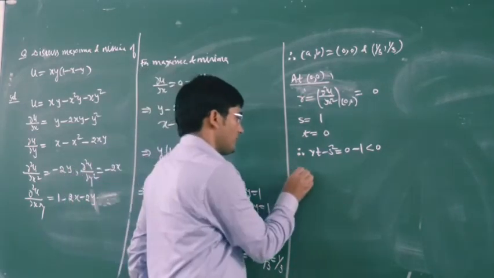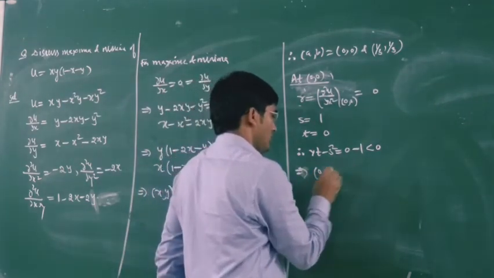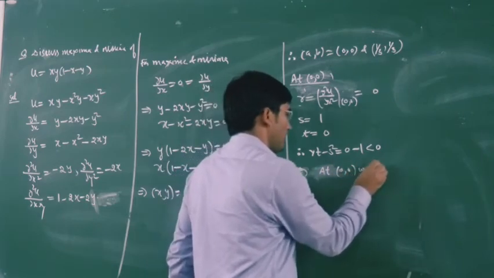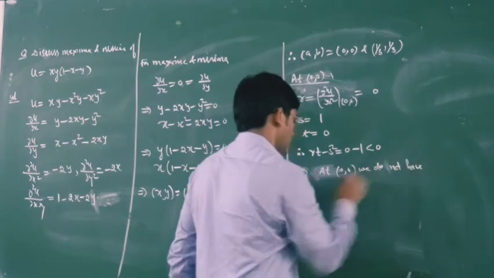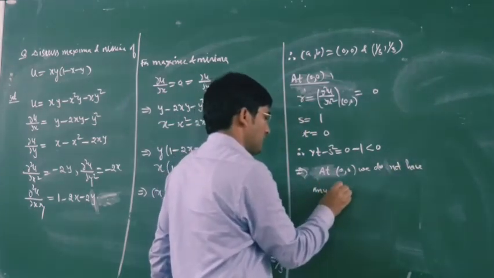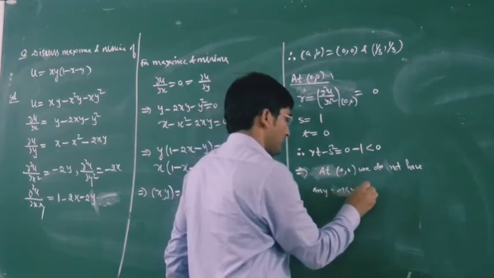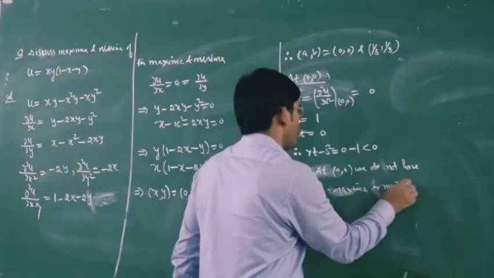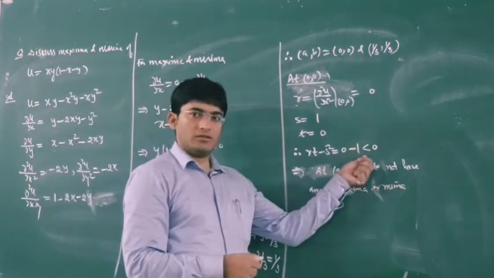So therefore, this implies at 0, 0 we do not have any maxima or minimum, because at this point our RT minus S square is negative.